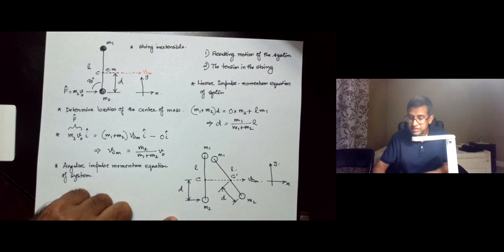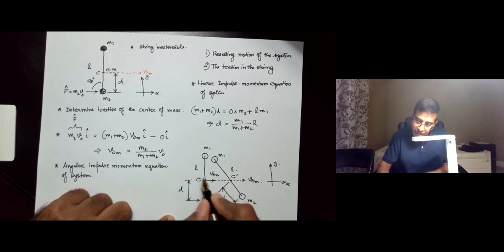So the center of mass is still going to be here. However, because there is an angular impulse, it is going to produce a vcm, and on top of that the angular impulse is going to produce an angular velocity.